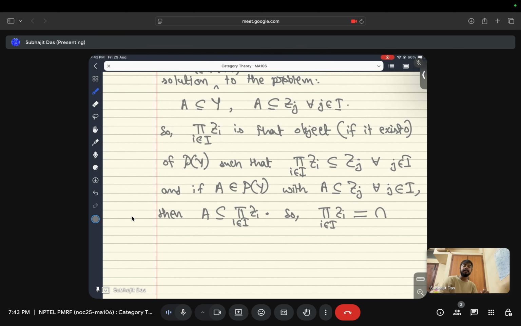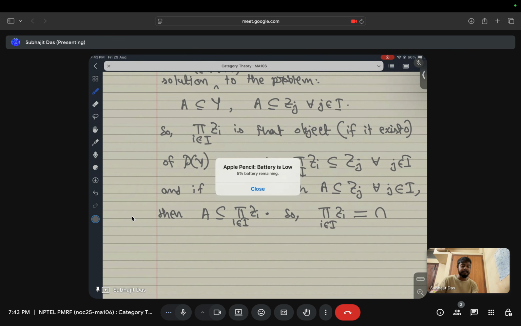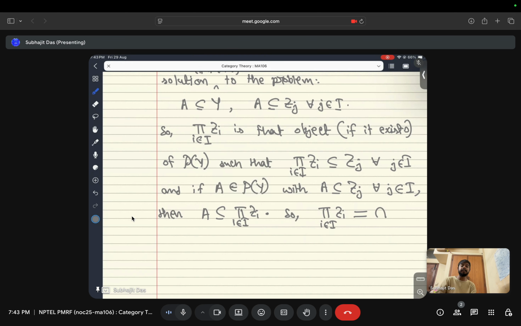Again, this is a poset, so a skeletal category in particular, and hence any two isomorphic objects are equal. So the product of Zi is isomorphic to the intersection, which means they have to be equal. So this is equal to the intersection of Zi over i in I. Note that this is actually the product, because first of all the intersection is contained in every Zj, and if A is a subset of Y which is contained in every Zj, then A is also contained in their intersection.